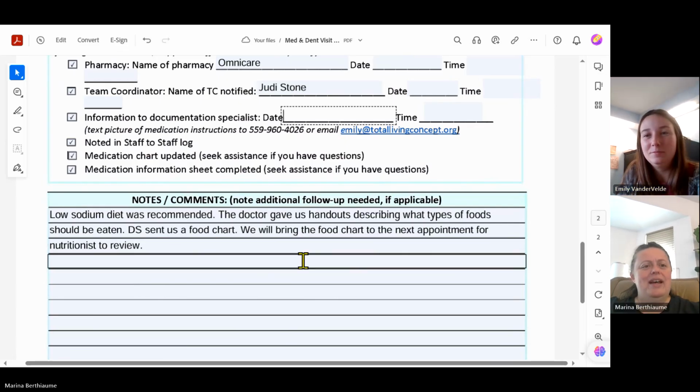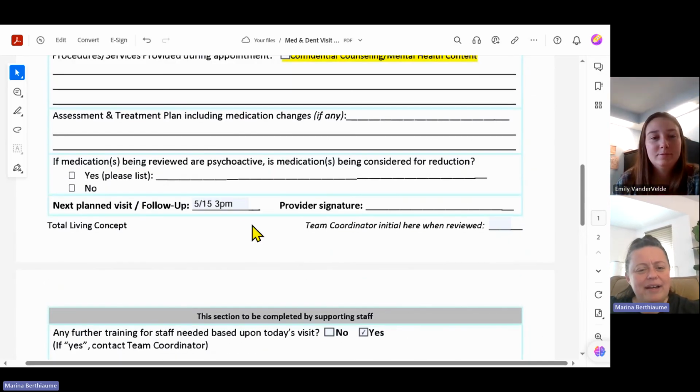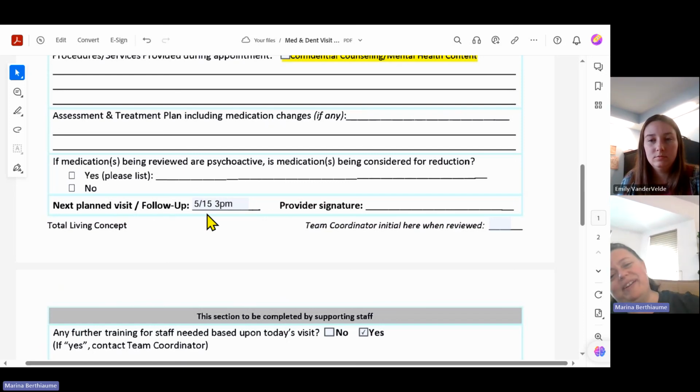Right. I also want to add, making sure this follow-up appointment date gets written on the calendar of the person you're supporting so that we don't miss an appointment because we forgot to put it on the calendar.